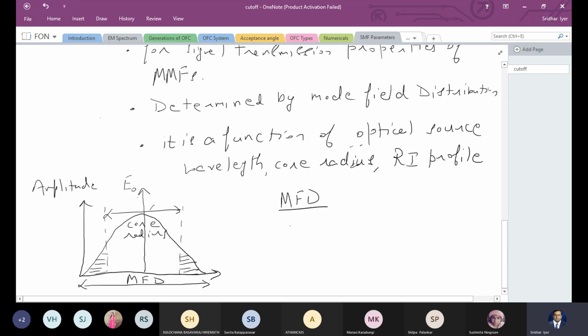So we'll see again in module 2, when we talk a little bit about multimode fiber, that mode field diameter helps us in knowing what is known as splice loss. Splicing is a technique by which we can join different fibers. You're never going to get a fiber which is 3000 kilometers long, right?